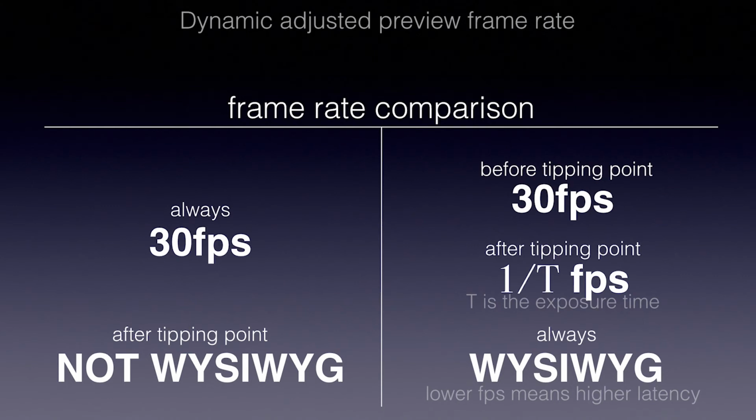That is the compromise and the sacrifice. I hope you can understand by making this comparison before and after. There is some sacrifice, but at least we now finally have what you see is what you get in the auto mode.